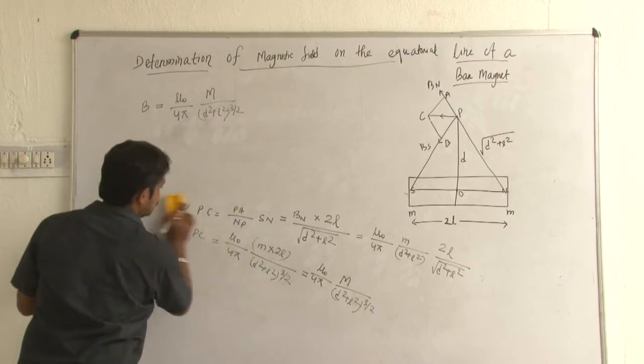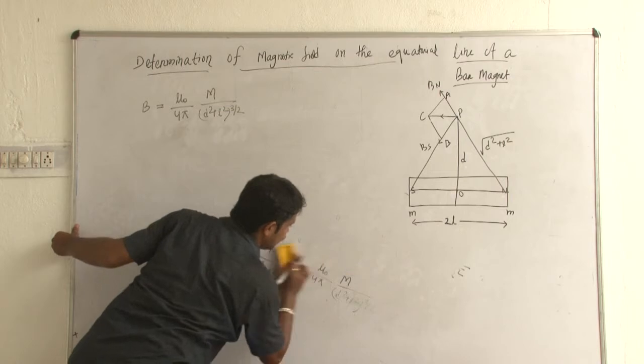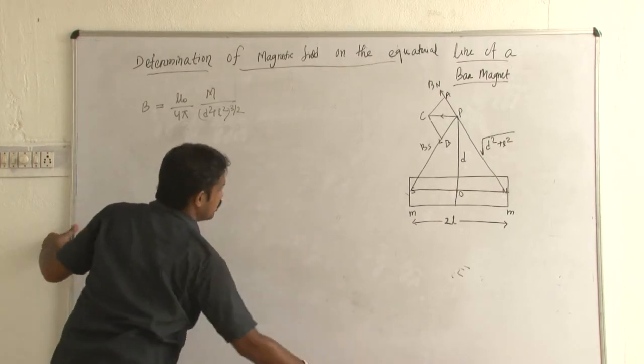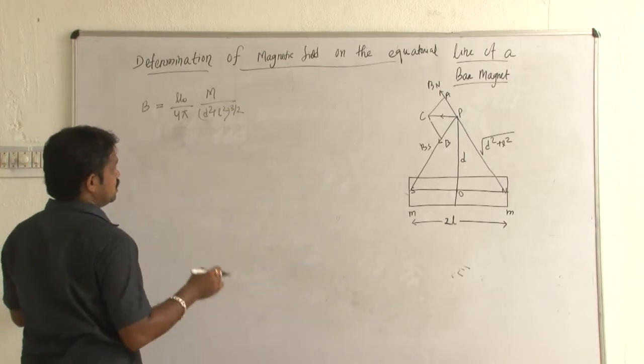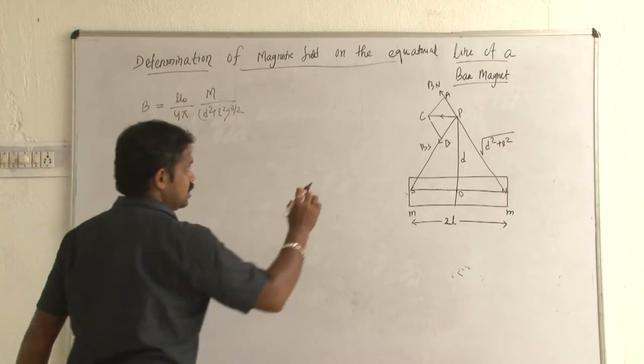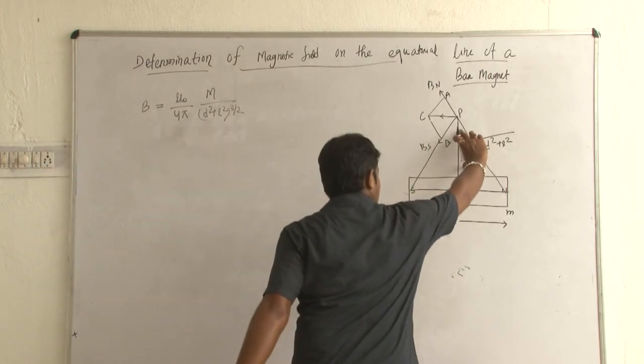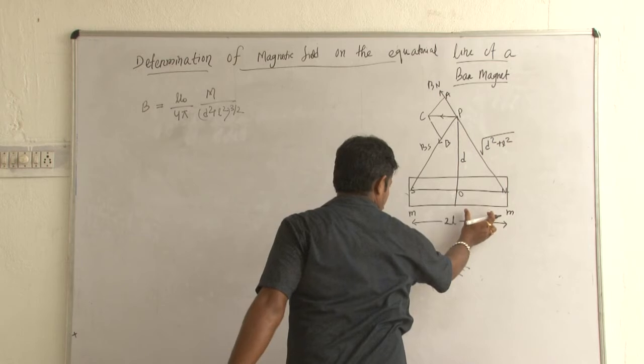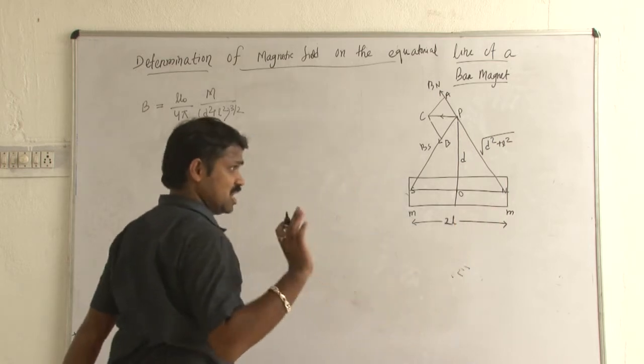Very simple. So this is your resultant magnetic field at point P. Clear all of you? Now, as we know that this d in comparison to this l is much greater.